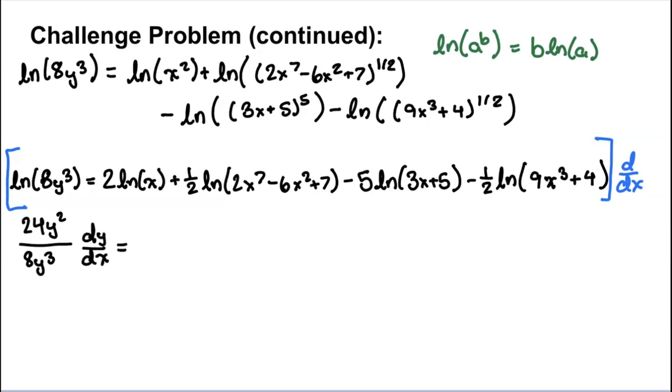Then we're going to have 2 over x, 2 times 1 over x, so I'm just going to put that as 2 over x, plus 1/2 times our constant multiple rule. We have to take the derivative of what's inside the log function, so that's going to be 14x to the 6 minus 12x, the 7 is 0, it doesn't have a derivative, over what was originally inside.